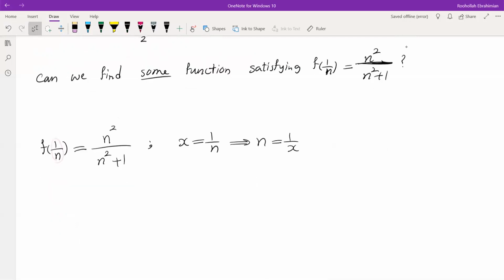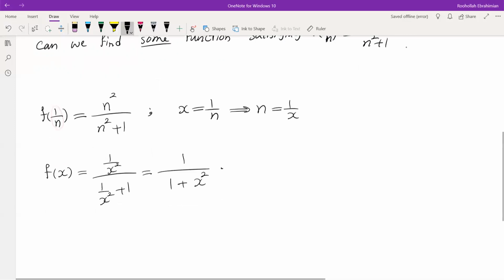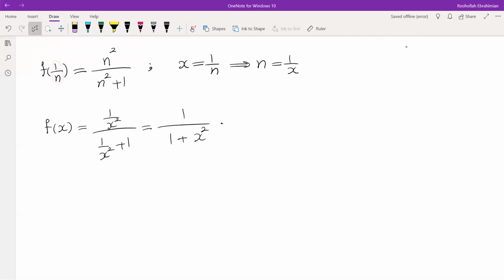If I substitute that into the function, I get 1 over x squared over 1 over x squared plus 1, which gives me 1 over 1 plus x squared. So this is certainly one solution: f of x equals 1 over 1 plus x squared is a solution. By no means is this the only solution.